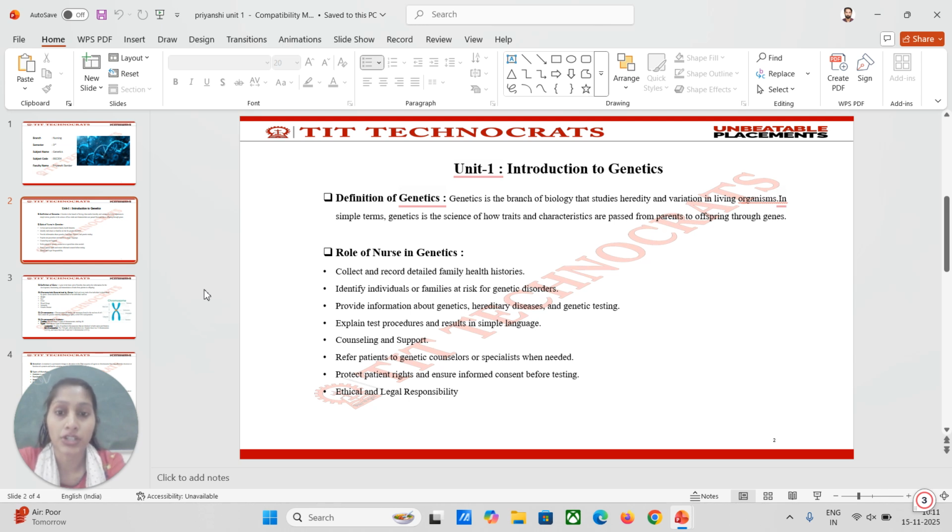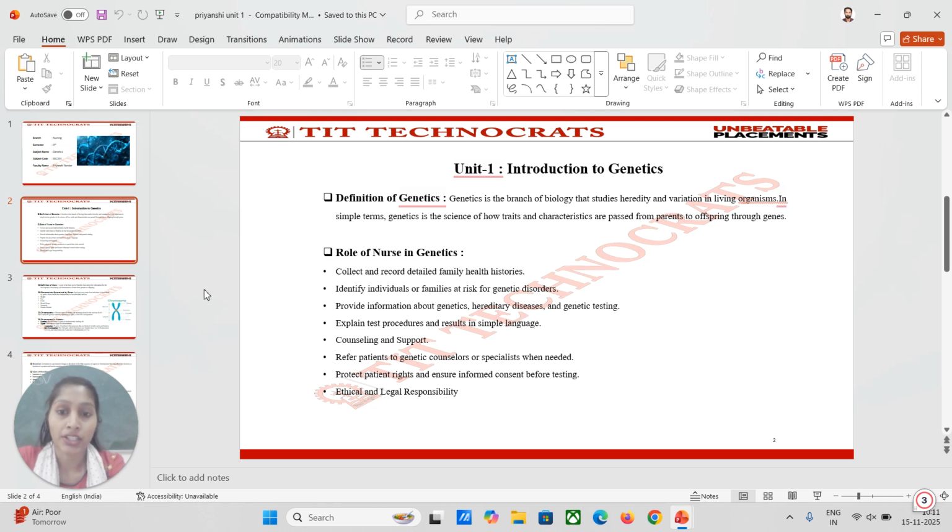Now we discuss the role of the nurse in genetics. First, collect and record detailed family health histories. Then identify individuals or families at risk for genetic disorders, then provide information about genetics, hereditary diseases and genetic testing.